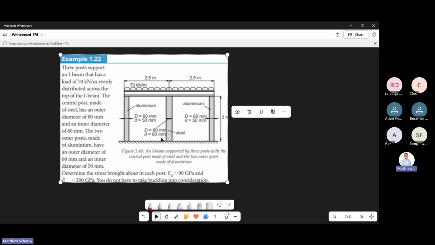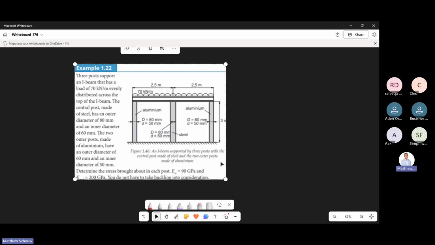They're giving you the dimensions of those posts: the aluminum is 60 and 50, whereas the steel is 80 and 60. What we're looking for is the stress in each of these elements.